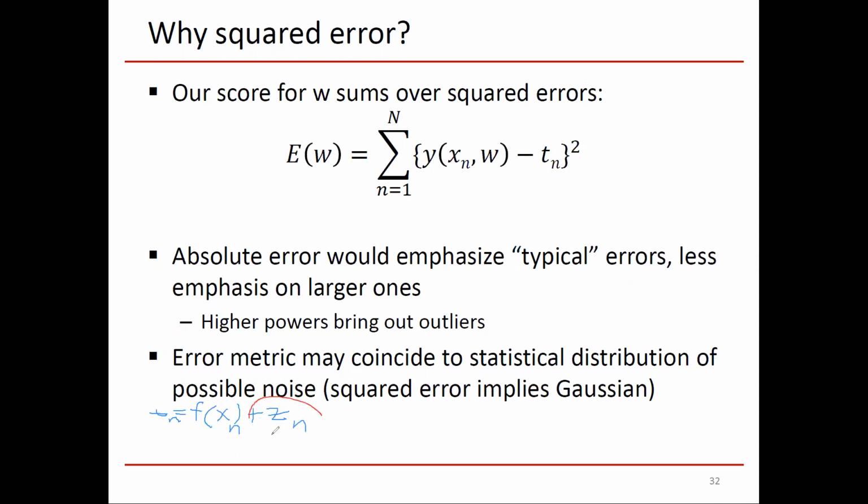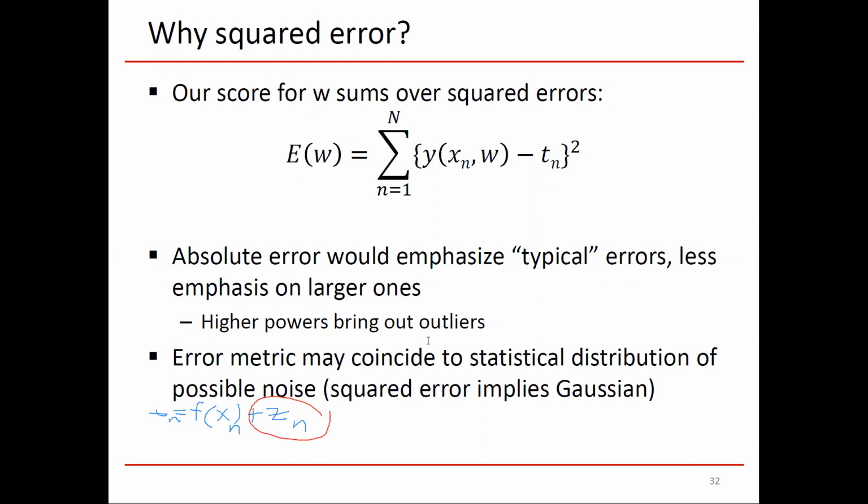Now, if z is Gaussian, then the probability of the error among all the samples is proportional to, for each individual zn, an exponent of negative zn squared times some constant. And when we look at the probabilities of multiple zn's, we're multiplying probabilities.